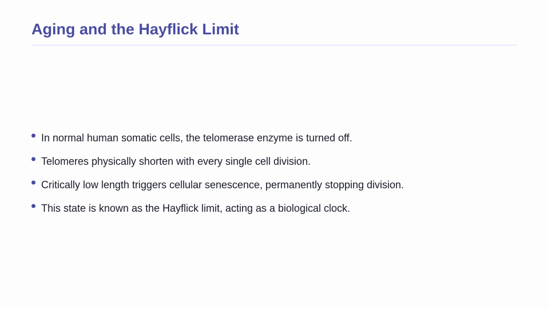This state of retirement is known as cellular senescence, or the Hayflick limit. This shortening acts as a protective biological clock. It prevents old, potentially mutated cells from continuing to divide and causing harm to the organism.